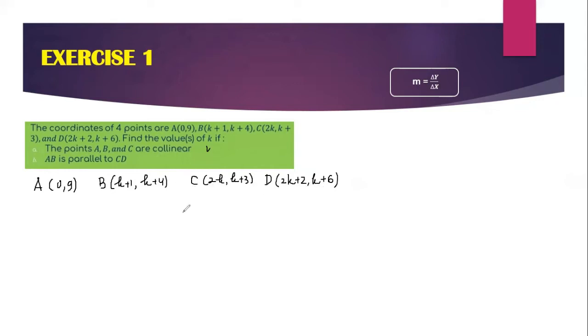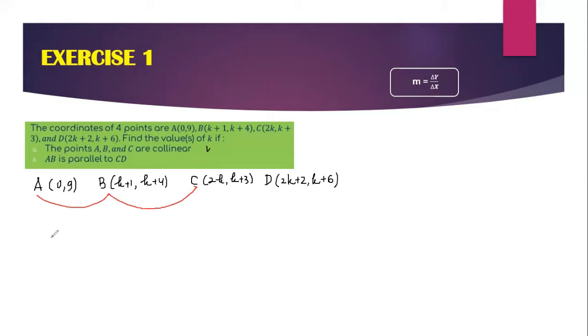Now we go to the question that points A, B, and C are collinear. Students, A and B are collinear and B and C are collinear, so that's the concept of collinear.